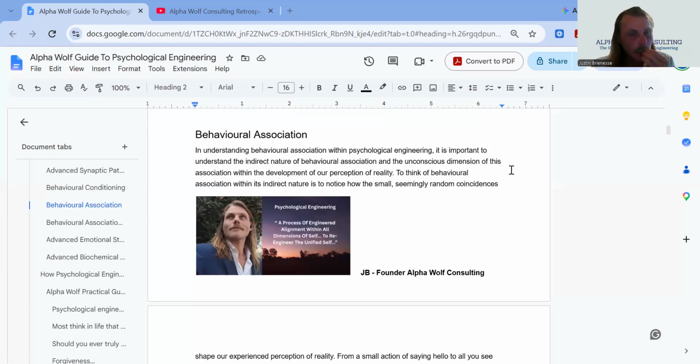So the level of the trauma of the memory equals the intensity of the biochemical response and emotional response. Because emotions are meaning.